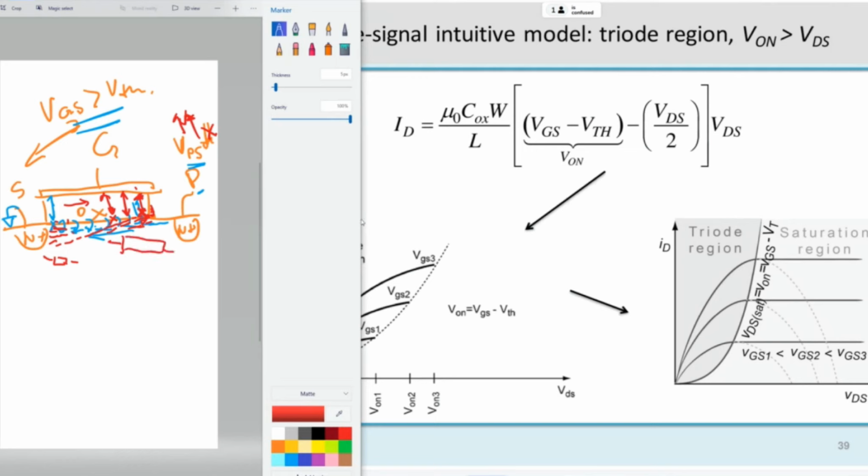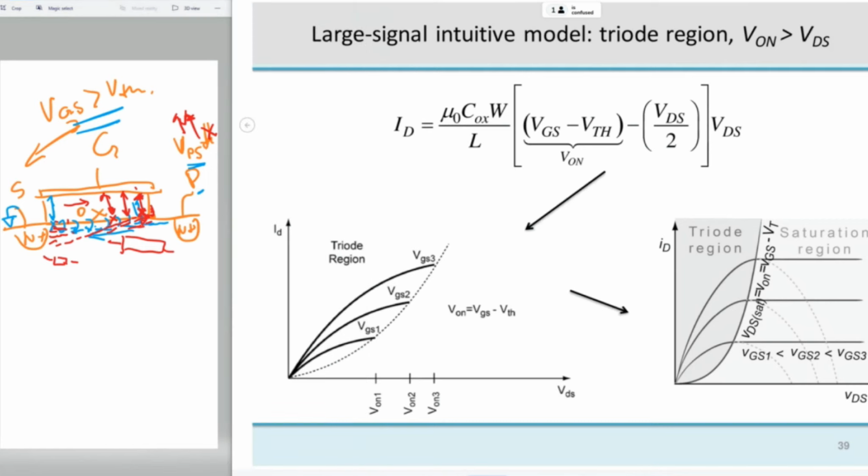And this is why the current saturates. The more I increase the drain-source voltage, the less density of charges I'll have at this point. So the resistivity of the whole channel from here to here, in total, will increase. Its conductivity will drop, and the current will start saturating until I reach this magical point, which is the border between the triode region and the saturation.